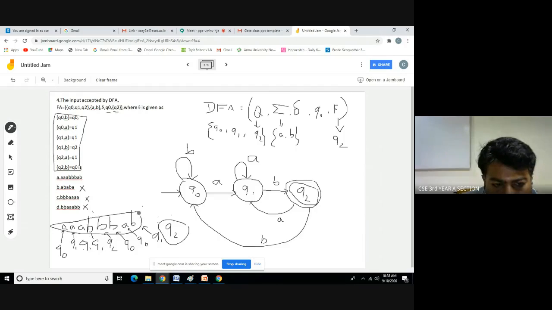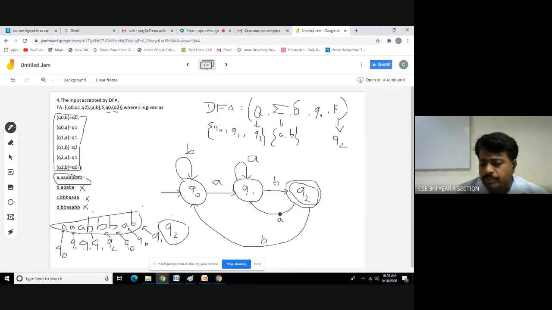So this is the answer: AAABBBAB. This is a valid input that should be accepted by the given DFA. Normally everyone can say orally, by passing the string through this finite automata, that we can tell easily, but you have to work it out like this.